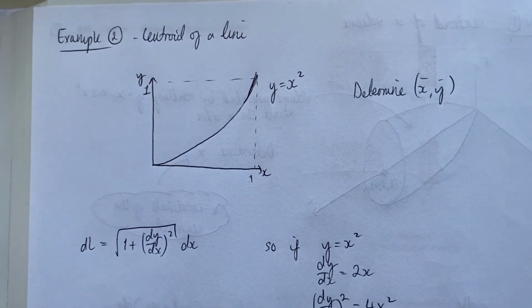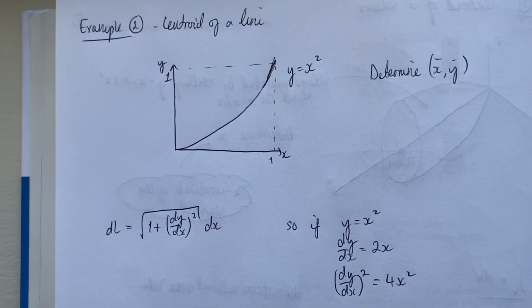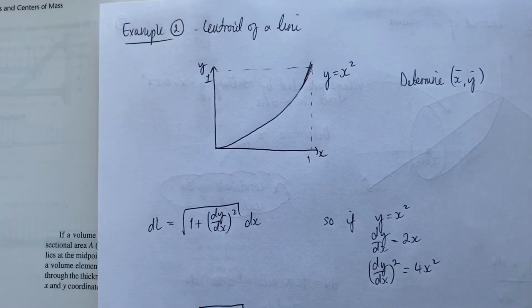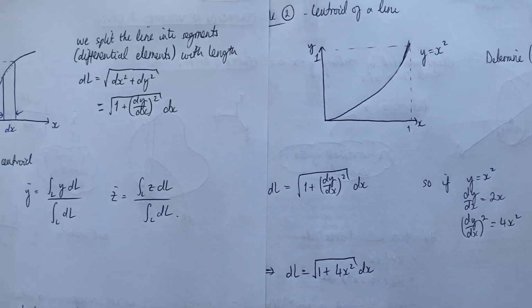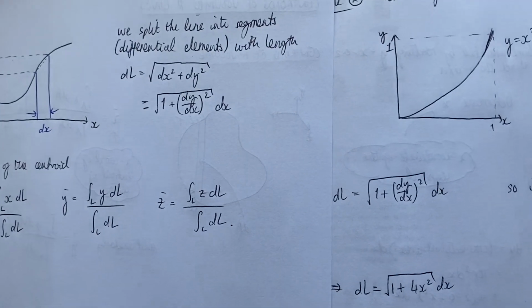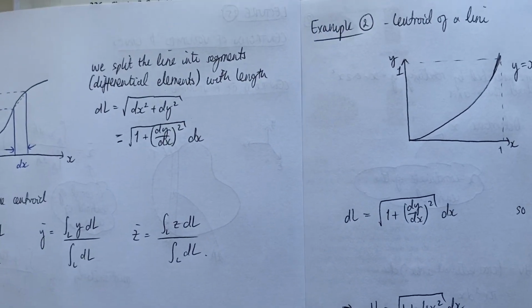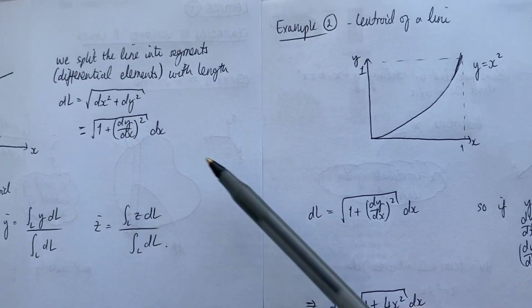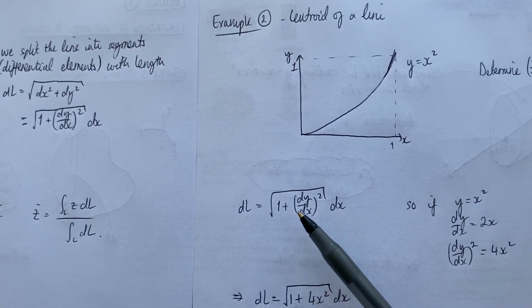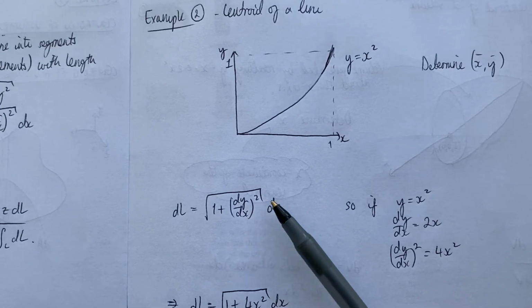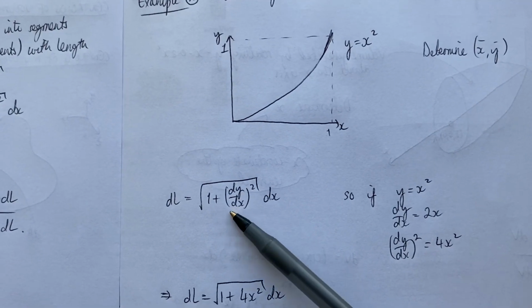So from what we've just discussed regarding the centroid of a line, we know the length of the differential element dl is given by this expression. In order to plug this expression into our integral equations, we need to work out what dy by dx is.